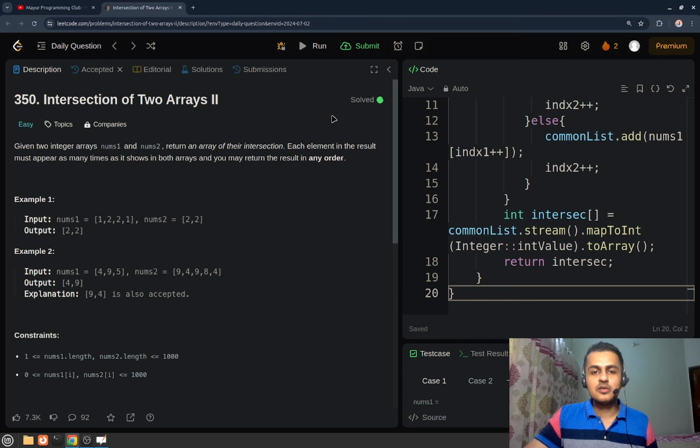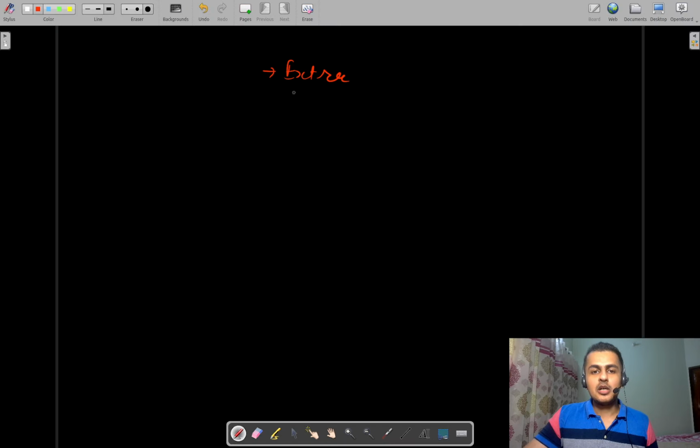So a very intuitive approach that is coming to my mind is we can just use some extra space. Okay, this is the extra space that we will be using other than the space required to store the intersection.